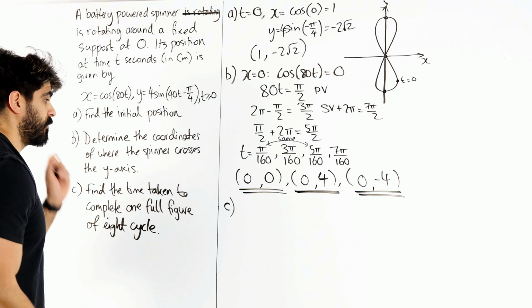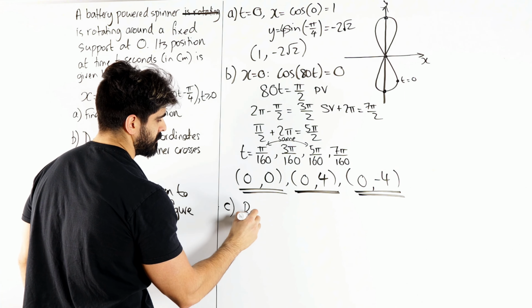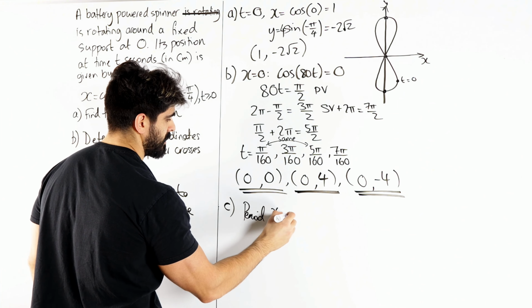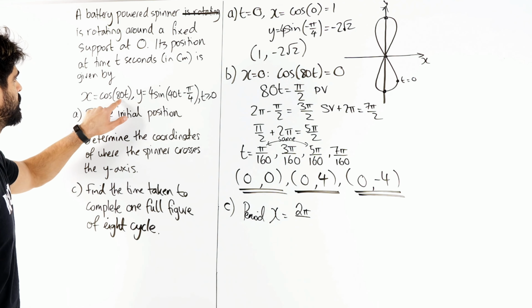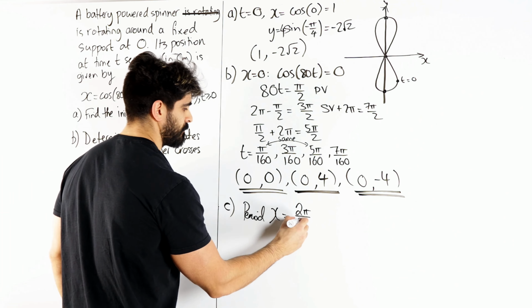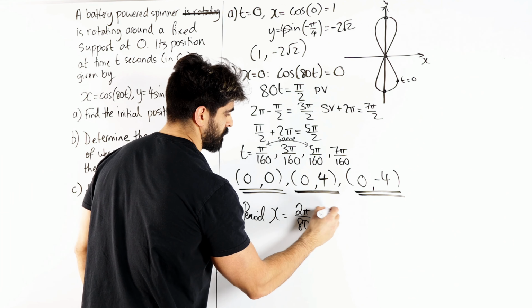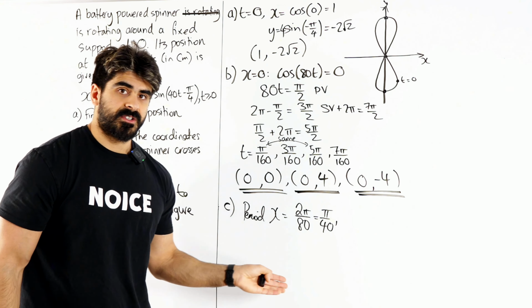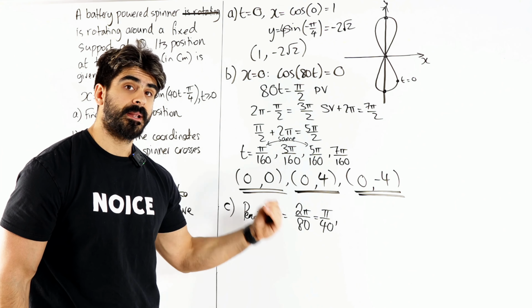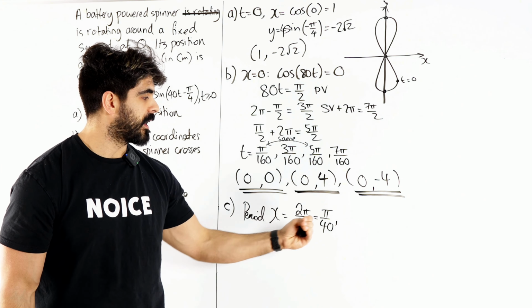So for x, let's talk about the period for x. Remember, it's 2 pi divided by the coefficient of t, which is 80, which is pi over 40. So the x is completing complete revolutions every pi over 40.